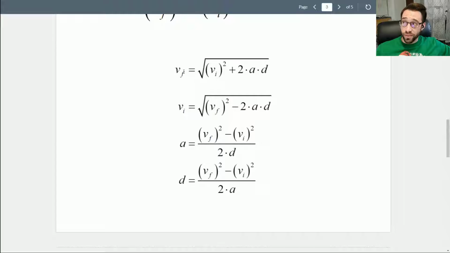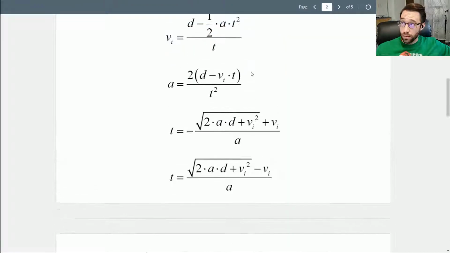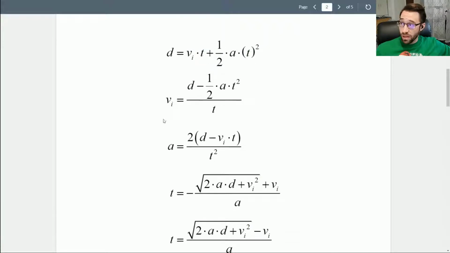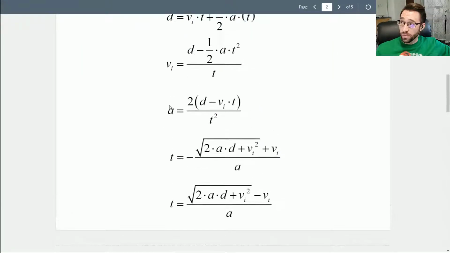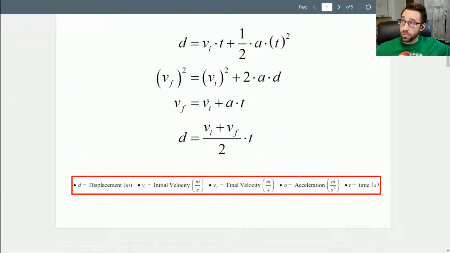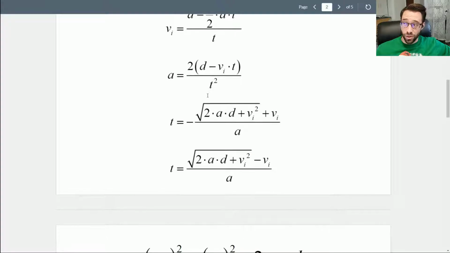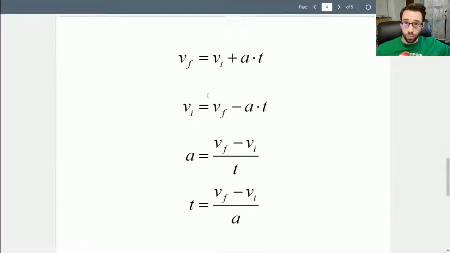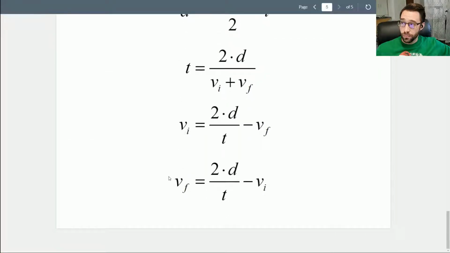This one also has acceleration, so I can't use that. And this one doesn't have a V sub F in it. So that's another way to limit which equations you can use. We're going to use this final one because we're trying to find V sub F. We know our displacement, the time, and the initial velocity. Make sense?